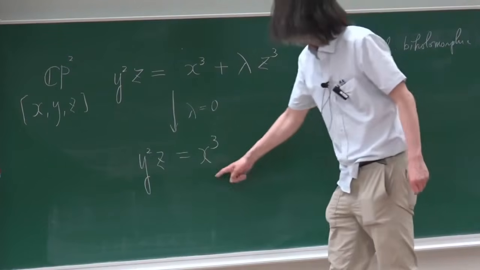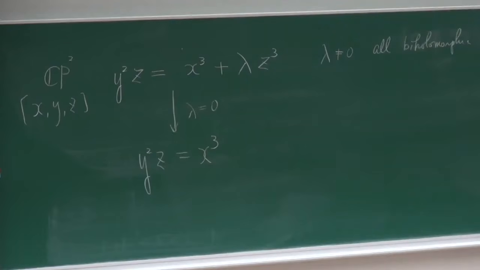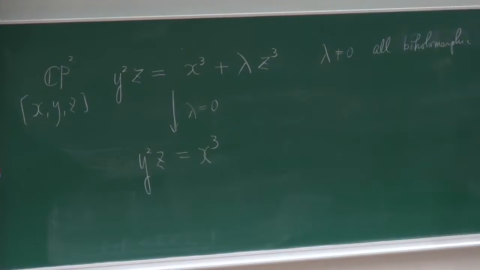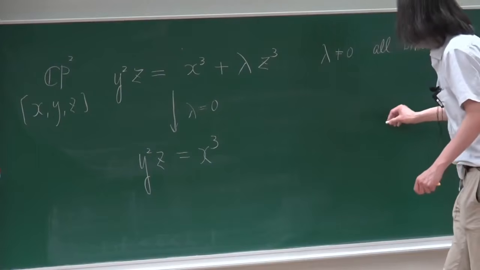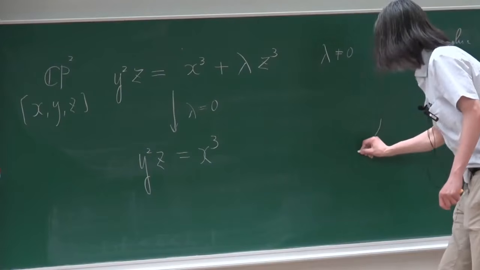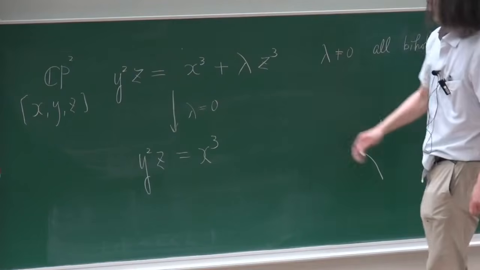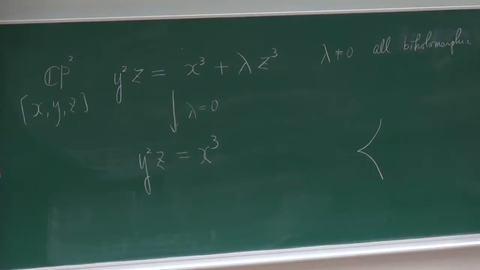And this one is different, right? They are all elliptic curves, but this one is different. If you write it, people often write it like this, a cuspidal cubic curve. And this one, in this case, is just a usual elliptic curve.